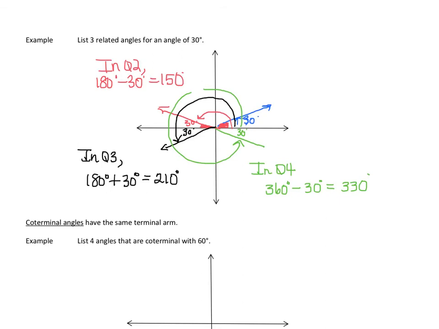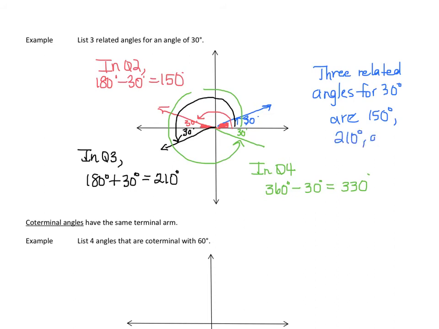So we could say 3 related angles for 30 degrees are 150 degrees, 210 degrees, and 330 degrees.